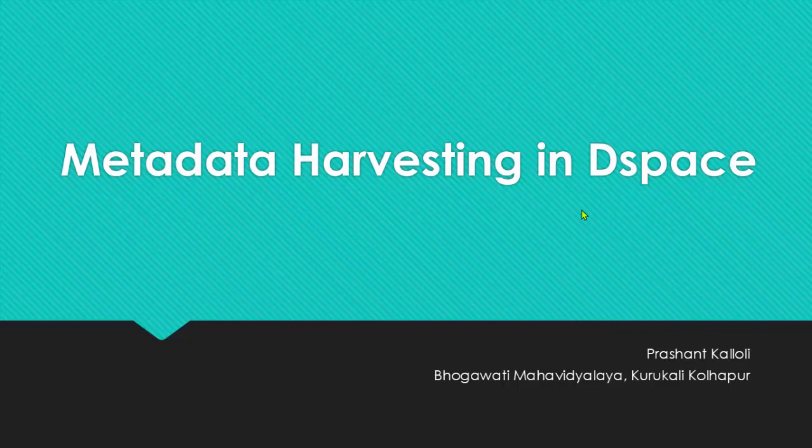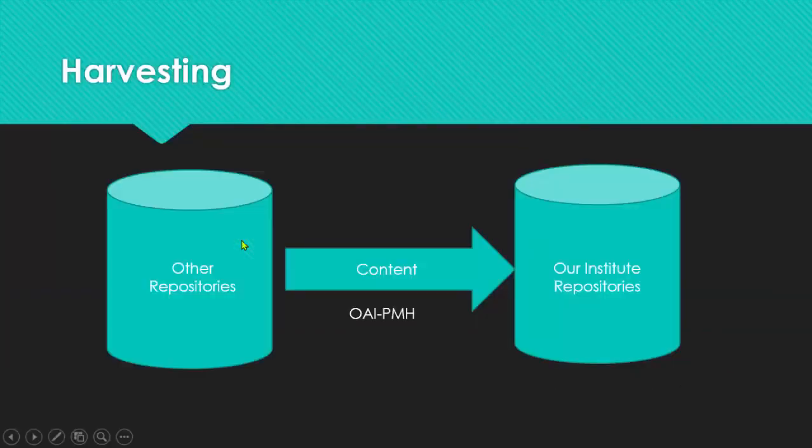This session is on metadata harvesting. Here we are going to see how we can harvest the data in our repository, and the purpose of this practical is also harvesting the metadata from other repositories, maybe built on DSpace, maybe ePrints.